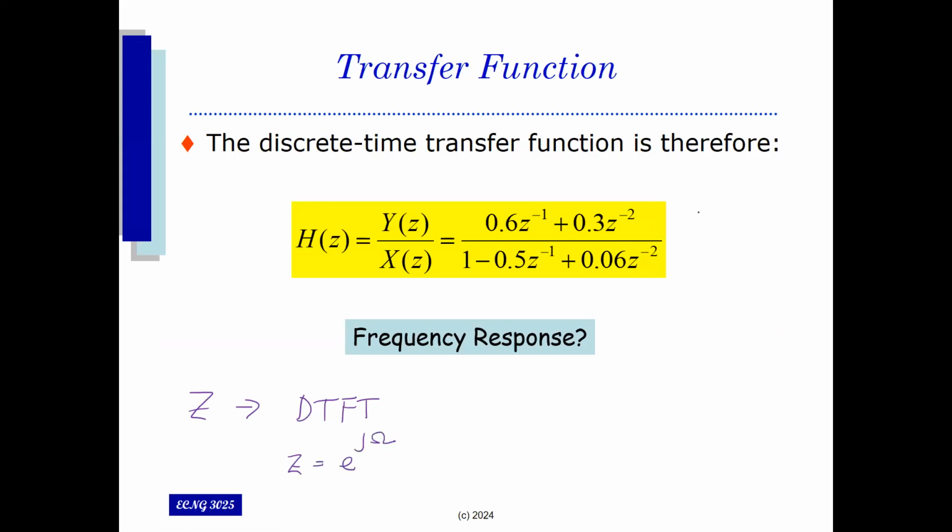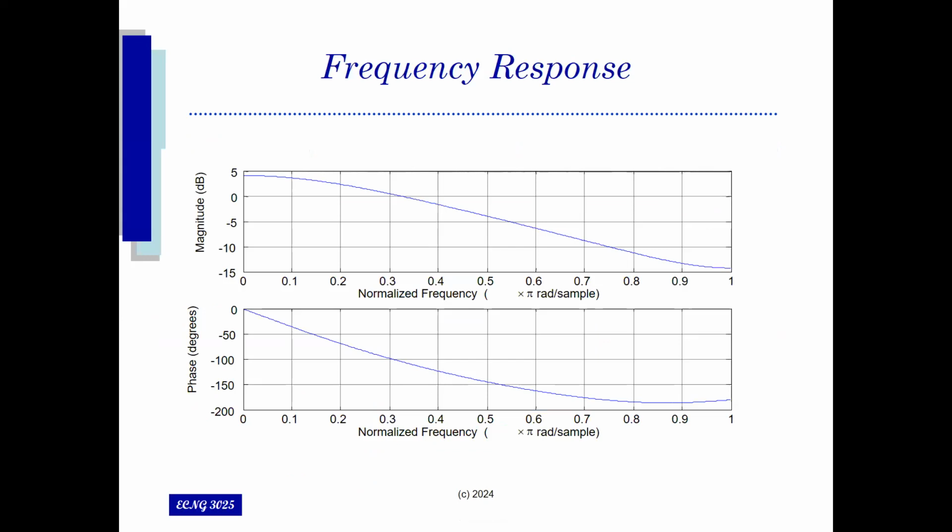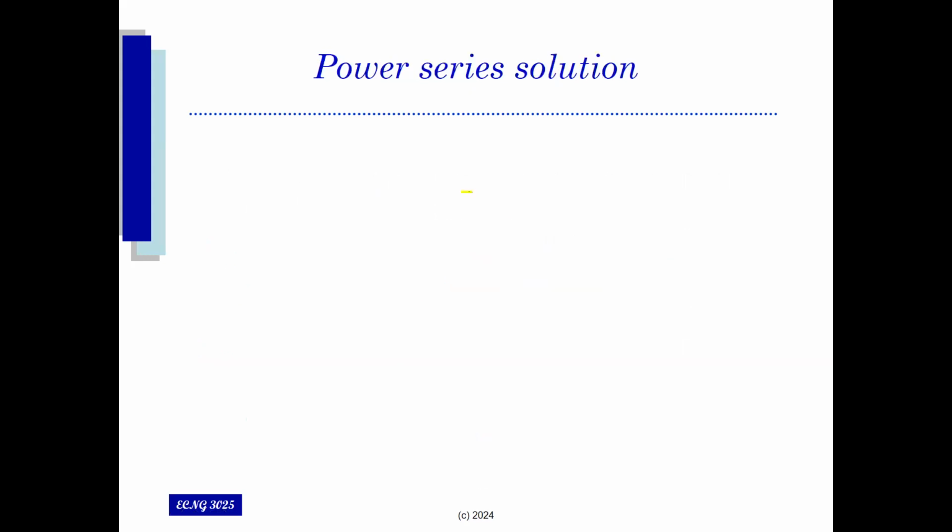So if I have a transfer function in Z and I want to get the frequency response, remember in the S domain, we made the substitution s equal jω, and then we plot this using Bode plots. In this case, we make the substitution z equal to e^(jω) inside of here. Once you get that, you get an expression in terms of omega, and you can let omega vary from 0 to pi, and plot the magnitude and the phase, just like we did for the S domain.